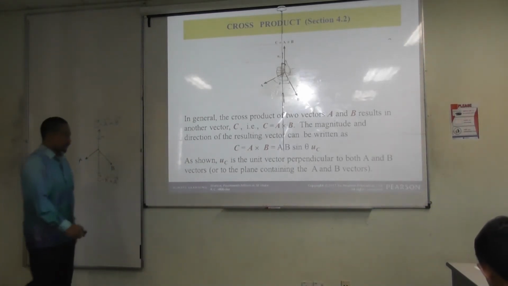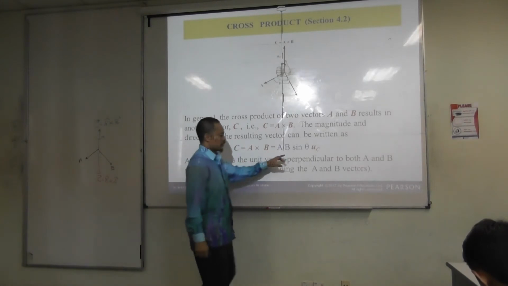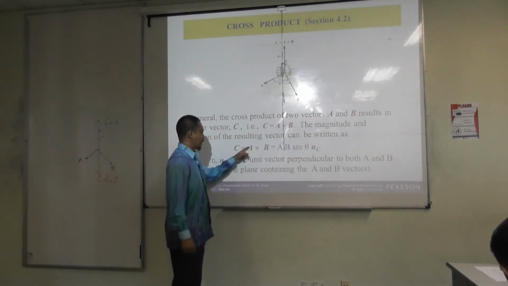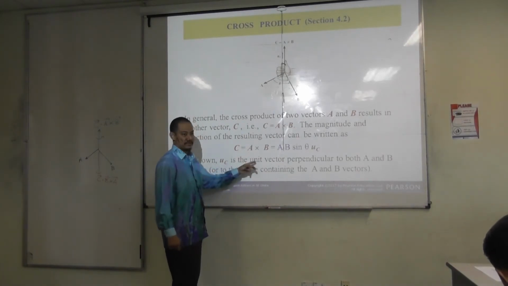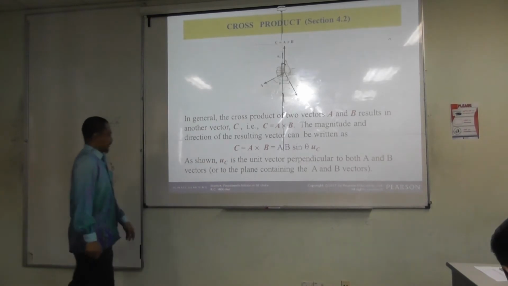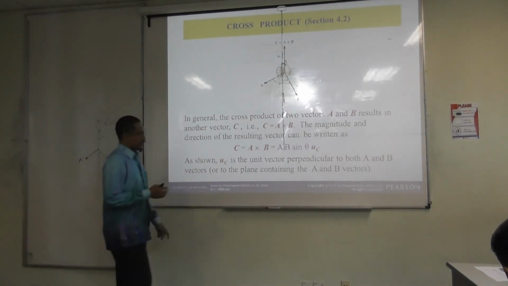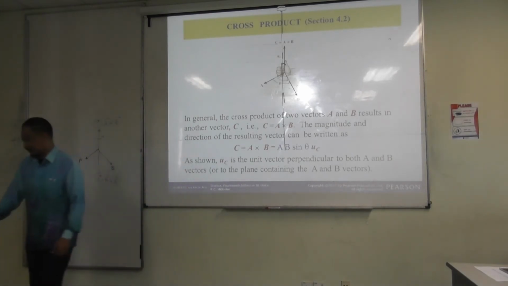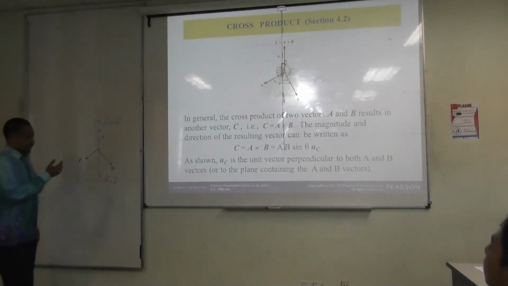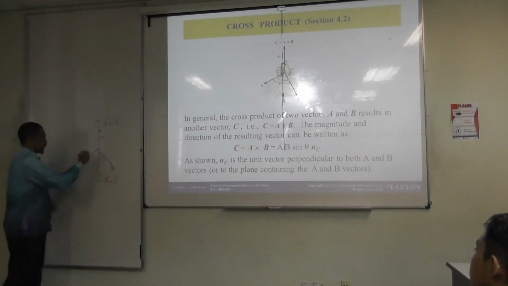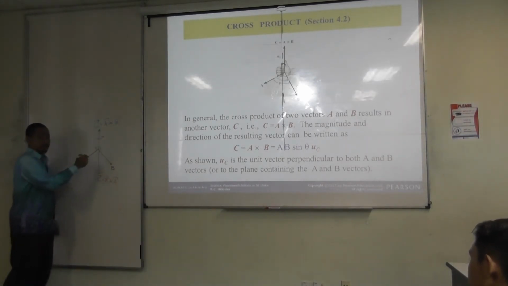But anyway, this is the calculation. Normally we rarely use this one. We normally use this one, and then we solve the matrix. Anyone remember that one? As shown, you see the unit vector of the perpendicular. So the characteristic is, if you understand the right hand rule, C will be perpendicular to both A and B. This will be 90 degrees, and this will be 90 degrees.